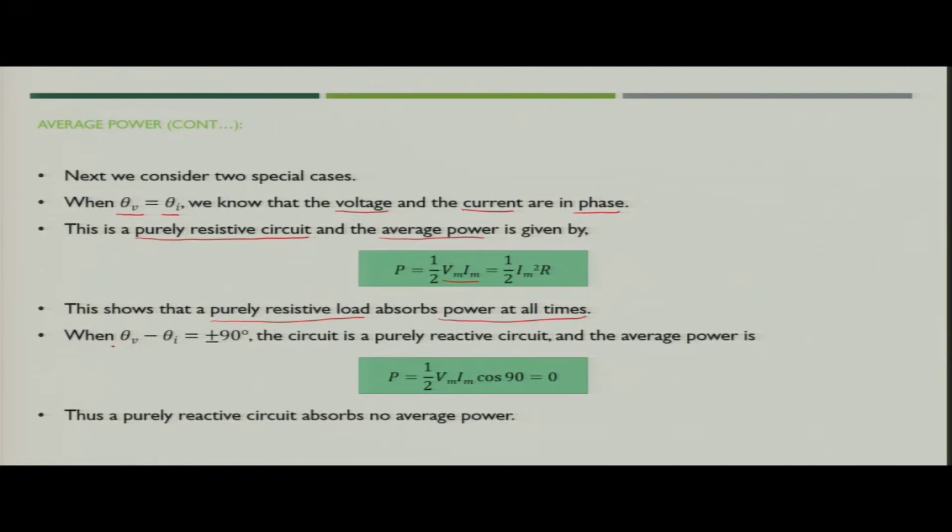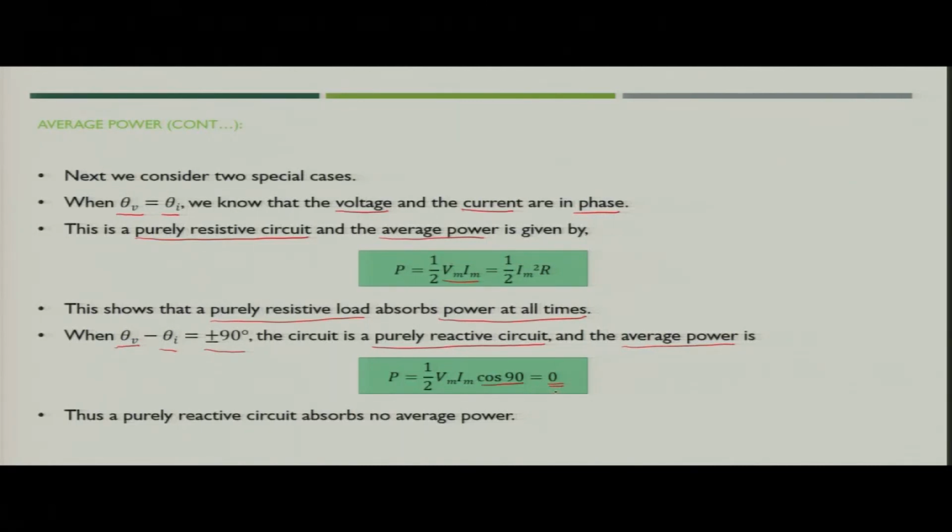In the second case, suppose theta V minus theta I, the difference of angles, is 90 degrees, which may be positive or negative. It means that the circuit is purely reactive, that is, the circuit has only inductive or capacitive elements. In that case, what will happen to average power? Average power P would be 1 by 2 Vm Im cos 90, and cos 90 is 0.